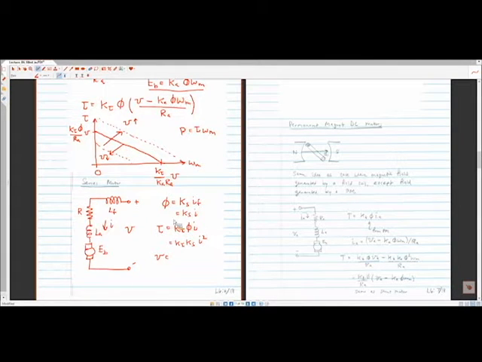So we have a drop in voltage from the current running through the resistor, and then another drop in voltage going across the back EMF, Ka phi omega m.